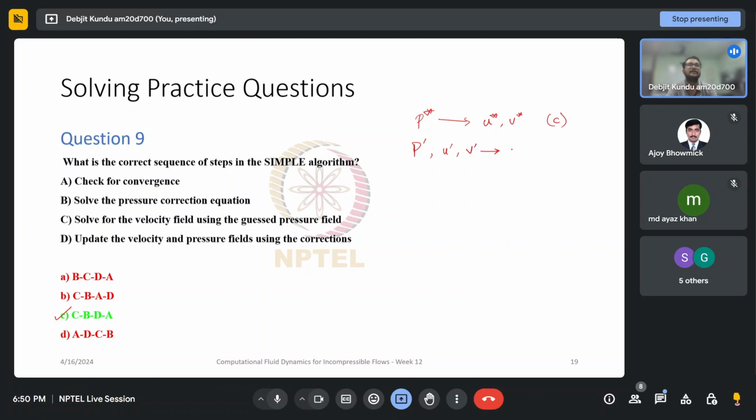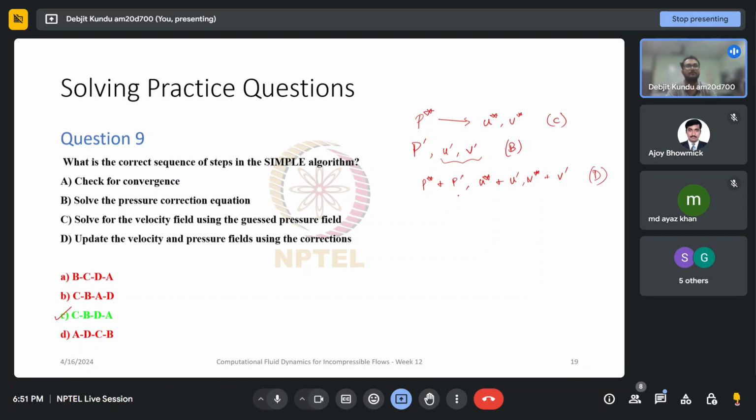So this, solving the pressure correction equation, would be step B, and the associated step is calculating the velocity corrections as well. Then we update the guessed field: P star plus P prime, U star plus U prime, V star plus V prime. We make these updations. So that would be step D.